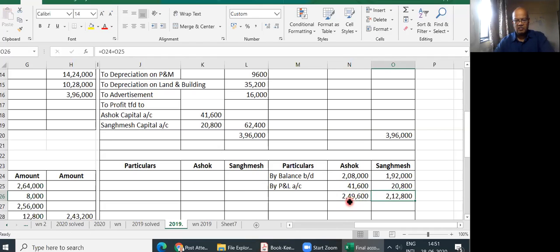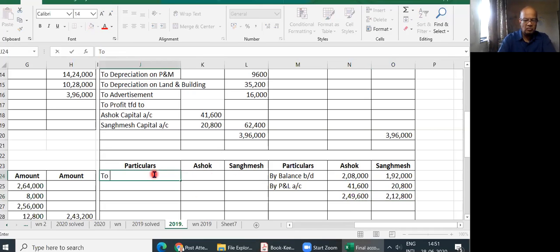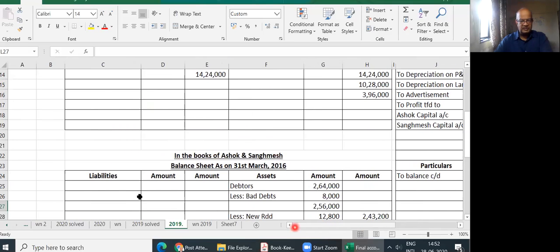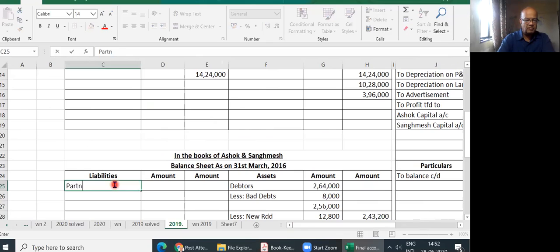And since on the debit side nothing is there, we will write balance carried down here: 2,49,600 and 2,12,800. This we will transfer to the balance sheet, partners' capital account.